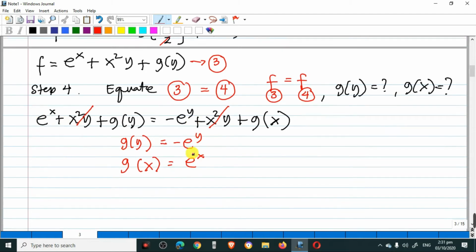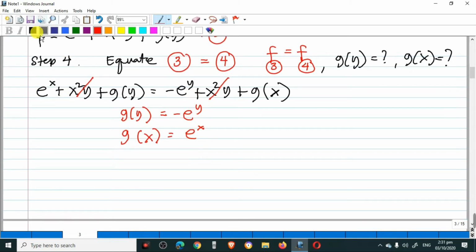Then, after this, using yung ating step number 5 na, step number 5, let us substitute. Substitute mo na yung value ng g(x) or g(y) to equation number 3.